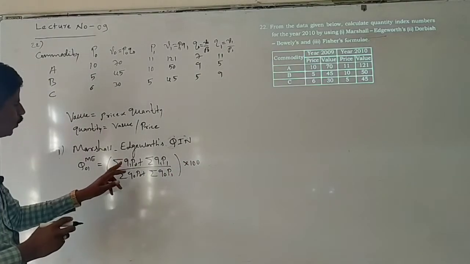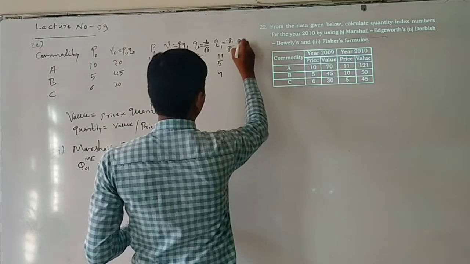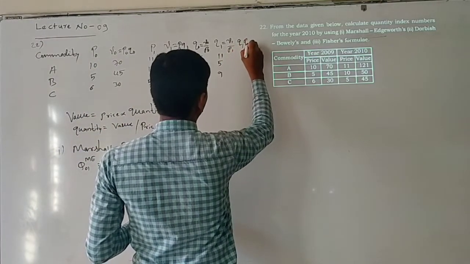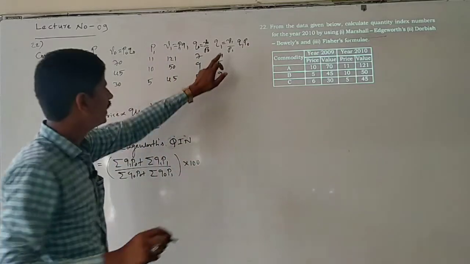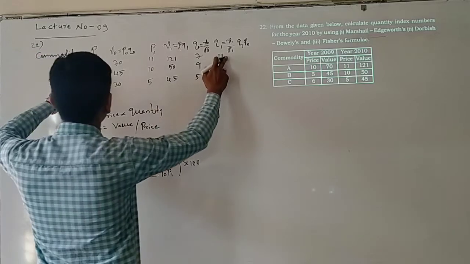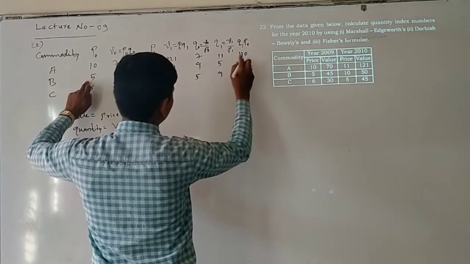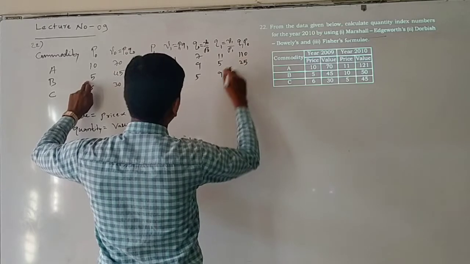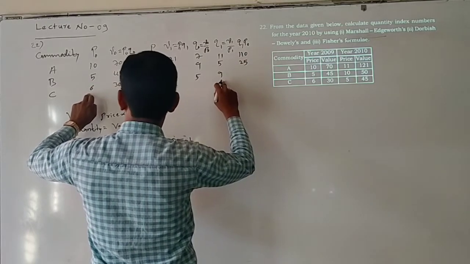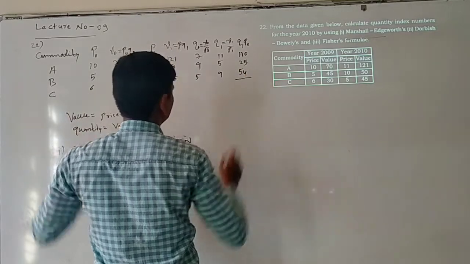Here you have to first find Q1 P0. Q1 into P0. See here, this into this. 11 tens are 110. 5 5s are 25. 9 6s are 54. We want the sum of Q1 P0.